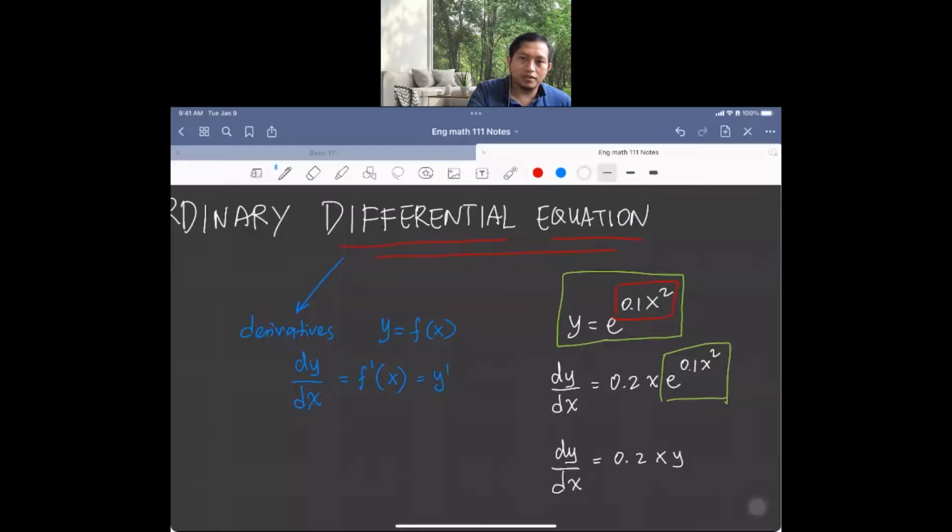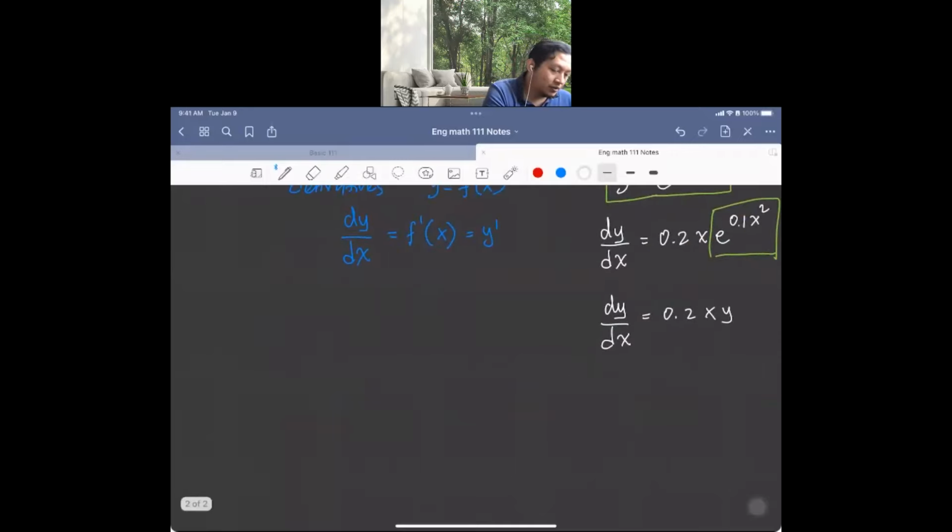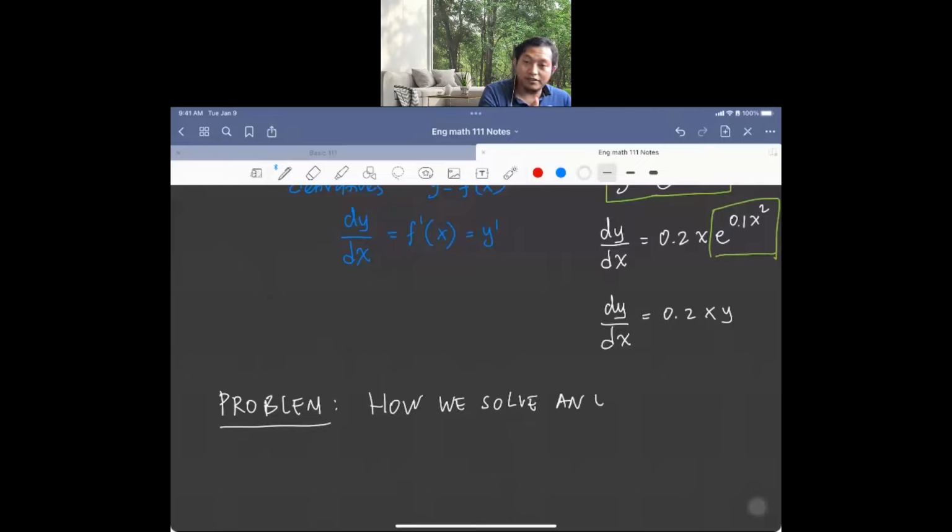So we are going to have a typical question, the basic problem. The problem in most cases in differential equations is how we solve a DE. Let me write DE, which means differential equation.